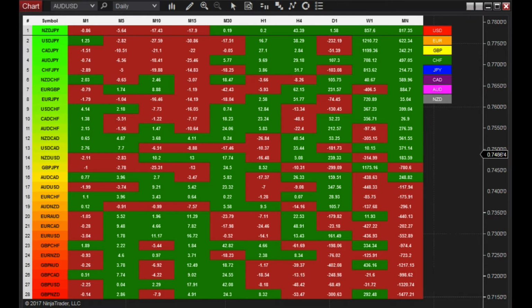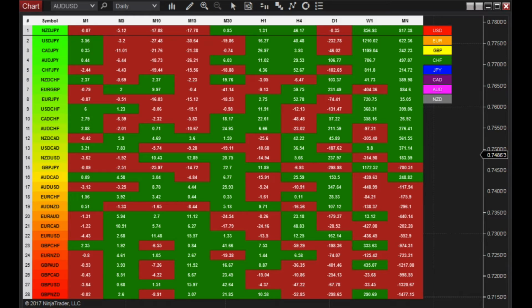The indicator delivers the information you need to base your trading decisions on the data of an entire spectrum of currency pairs derived from the 8 major currencies, namely the US dollar, the euro, the British pound, the Swiss franc, the Japanese yen, the Canadian dollar, the Australian dollar, and finally the New Zealand dollar.